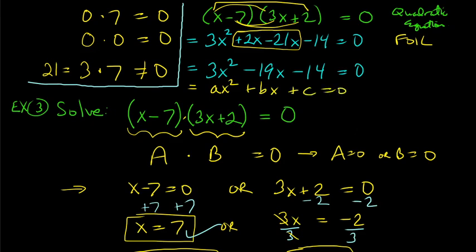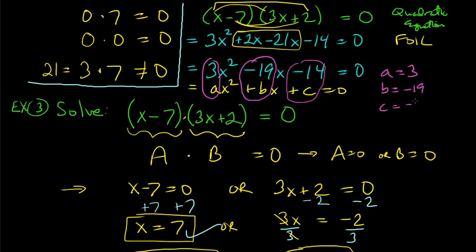See that? So my a is 3, my b, even though this is a minus sign here, b is negative 19, and c is negative 14. So in this form, this is a quadratic equation in standard form.